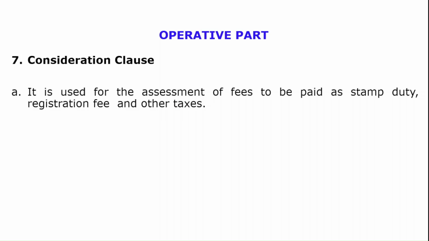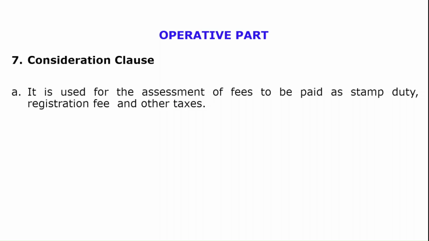There's already a fixed percentage that should be paid, so it will be a percentage of 400 million, because it's paid ad valorem, according to the value of the land. The consideration clause helps the tax master see the amount this person is to pay, so it is used to assess the fees that should be paid as stamp duty. The same applies for registration too. The consideration clause is what they would use to assess the fees to be paid.